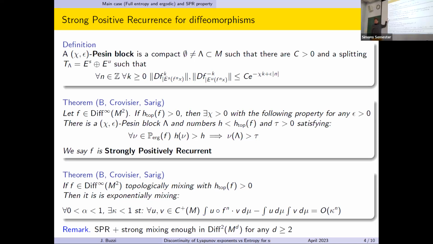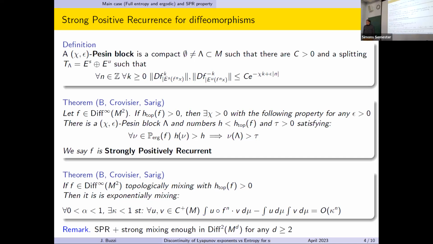Once you have the SPR property, you can have, for any C2 diffeomorphism on any closed manifold, in any dimension, if you happen to know that you have the SPR property, then you will have this consequence and others in the same spirit. So that was the big motivation.